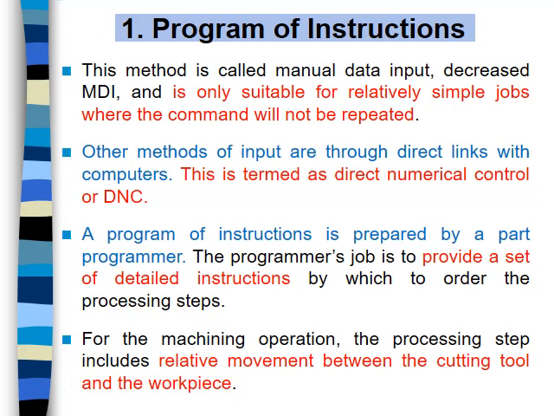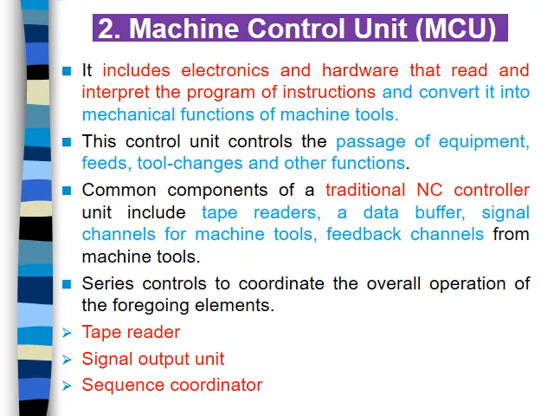This is termed direct numeric control or DNC. So the programmer's job is to provide a set of detailed instructions to order the processing steps. The relative movements between the cutting tool and the workpiece are controlled by the instructions. So the second one is the machine control unit. It is like the brain of a machine.